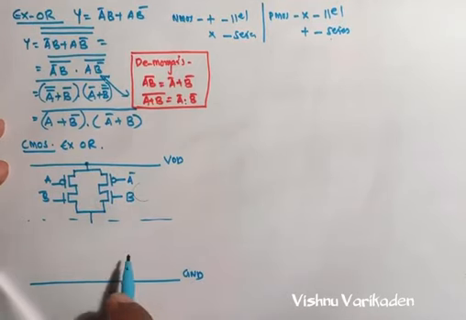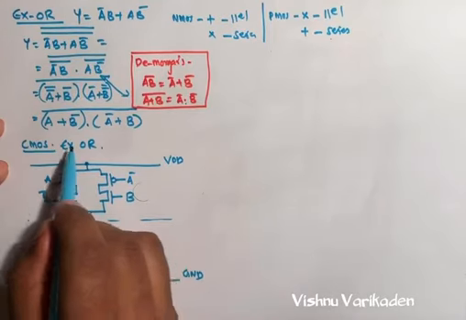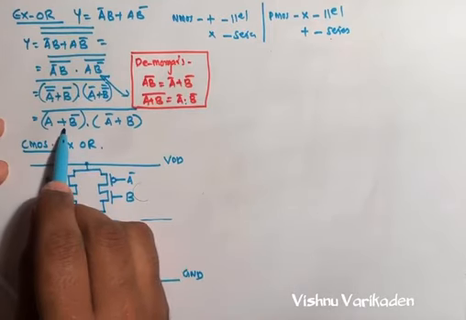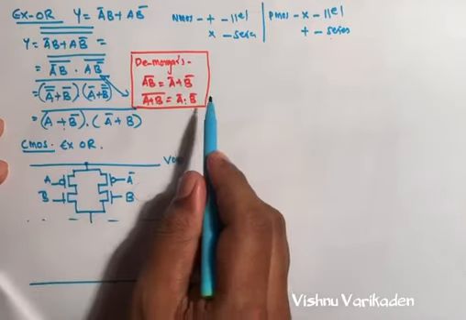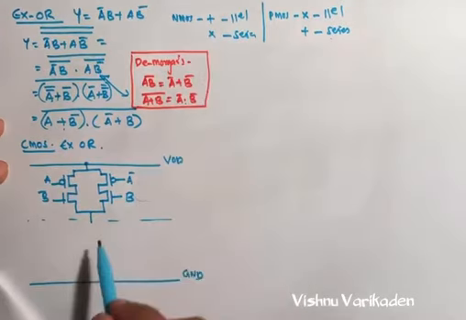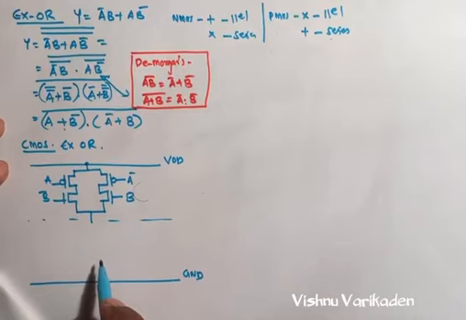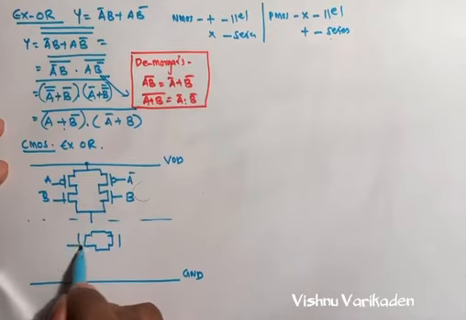Also we can think about this. There is a plus operator here. So the NMOS is parallel. So we can make the parallel one of this first term, that is A and B bar.